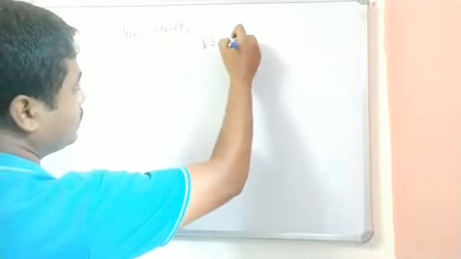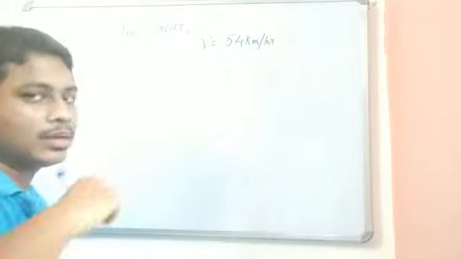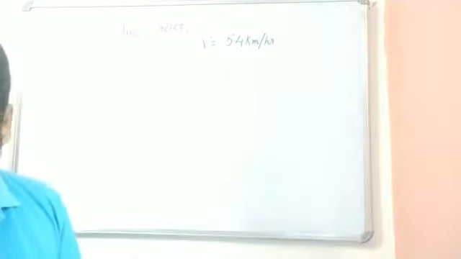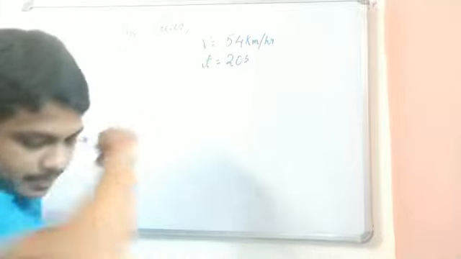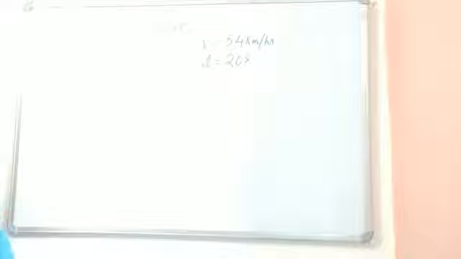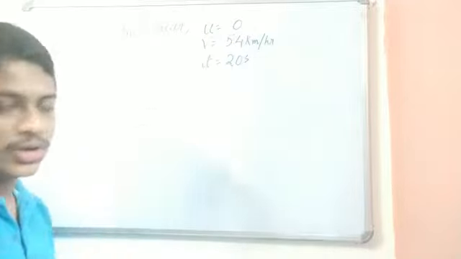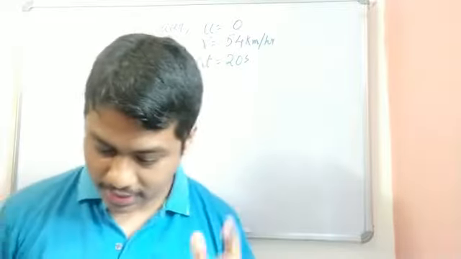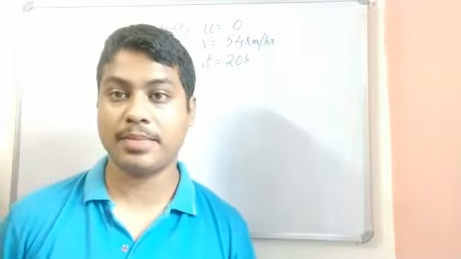Velocity is given as 54 km/h, time is given as 20 seconds, and the bus is starting from rest, which means the initial velocity is 0.